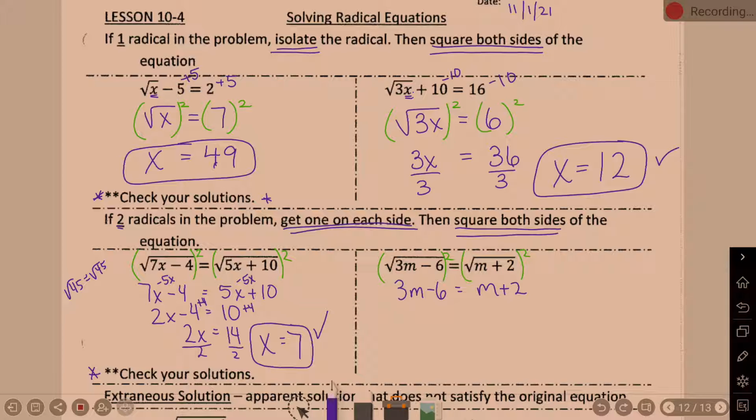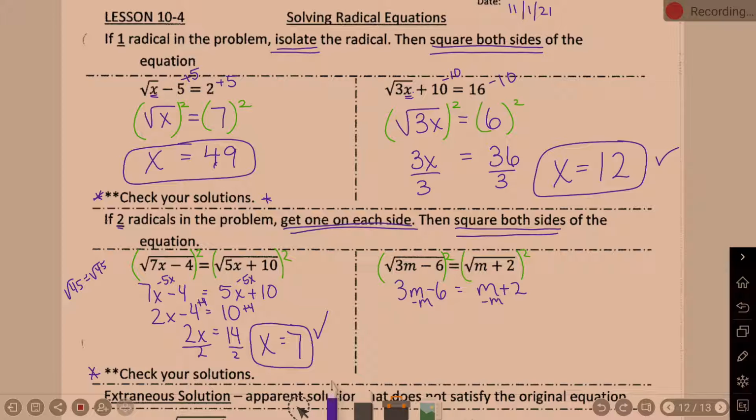Variables to one side, numbers to the other. Combine 3m with m. How do I move this positive m across the equal sign? Subtract m. What's 3m minus m?